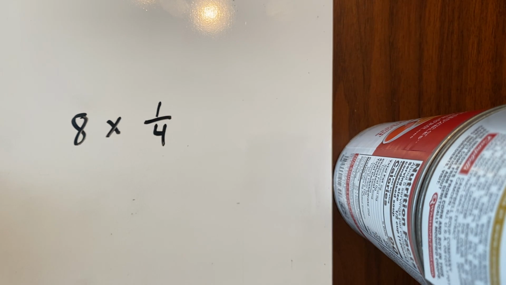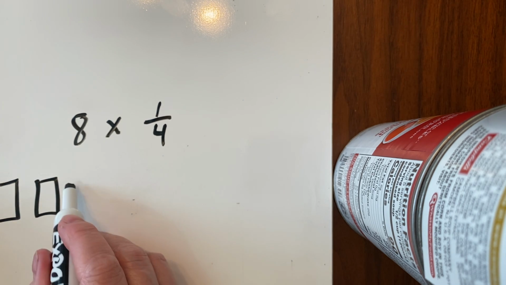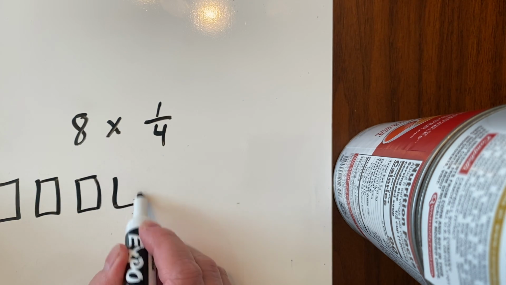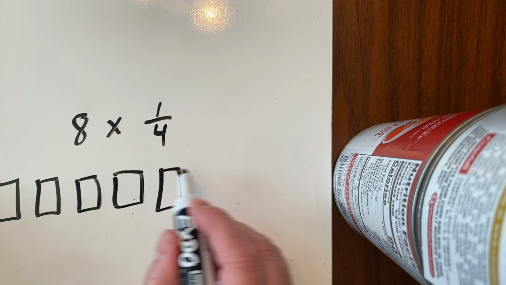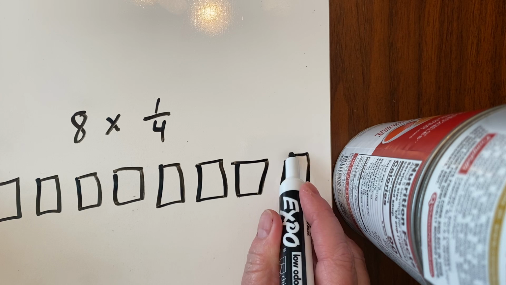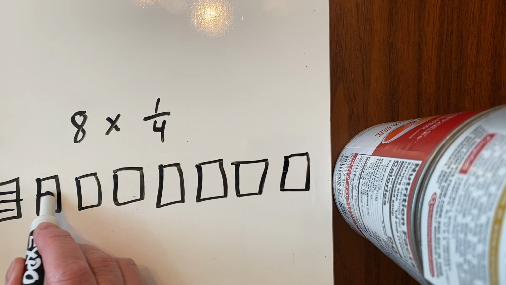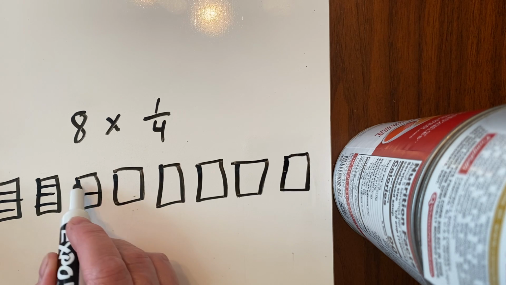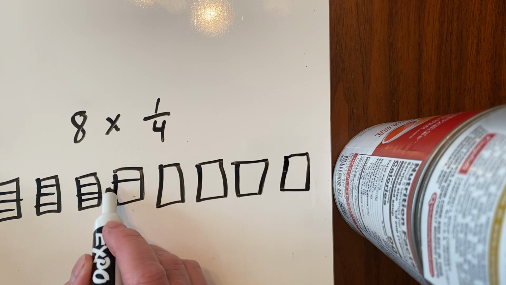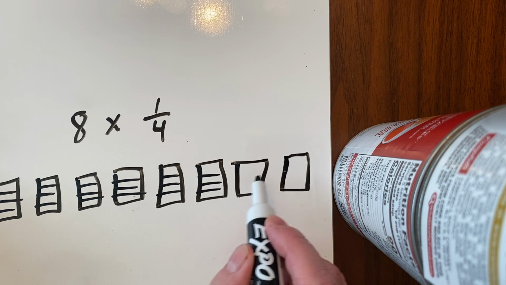So 8 times 1/4. What I need to draw here is 8 cylinders: 1, 2, 3, 4, 5, 6, 7, 8. And I'm going to divide all of these into fourths. Not very neatly, but you get the idea.